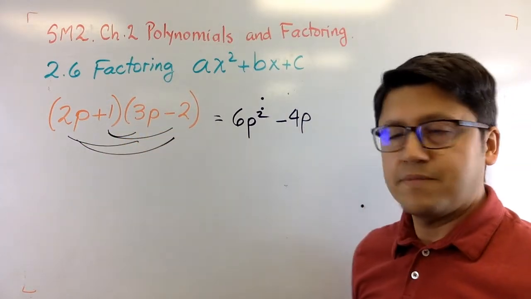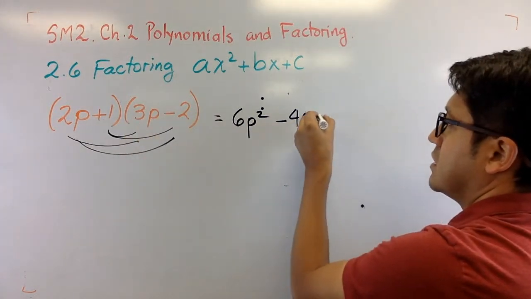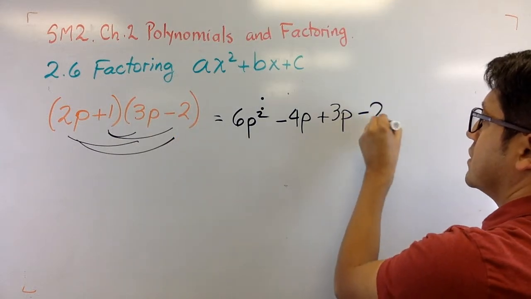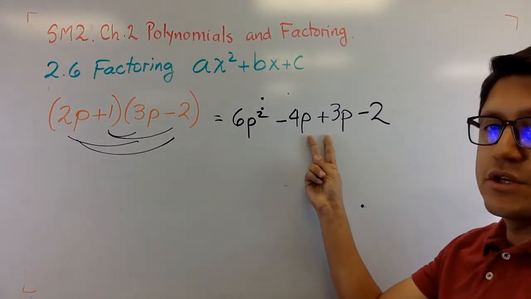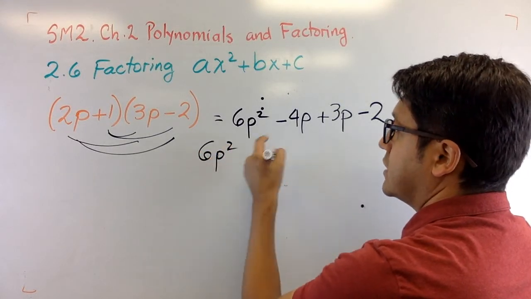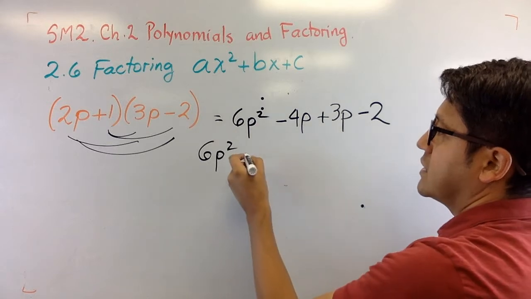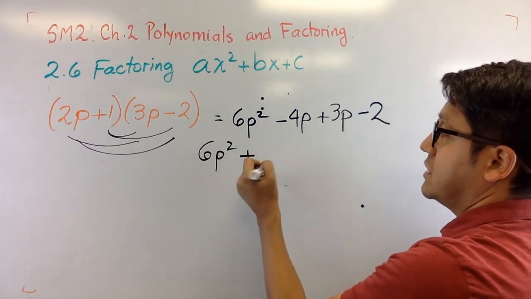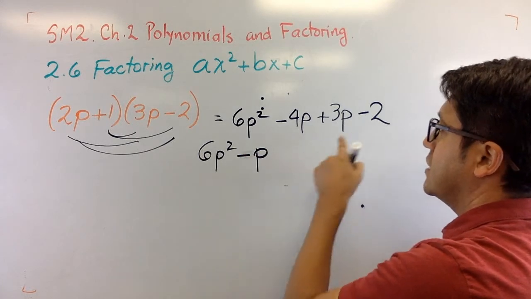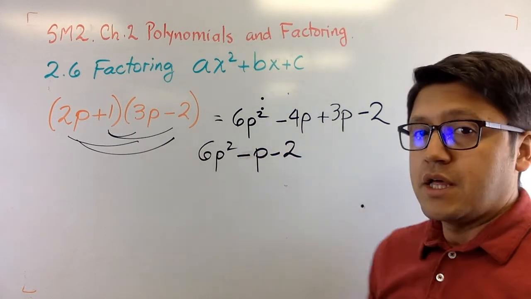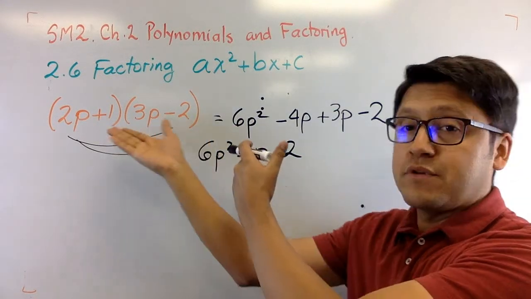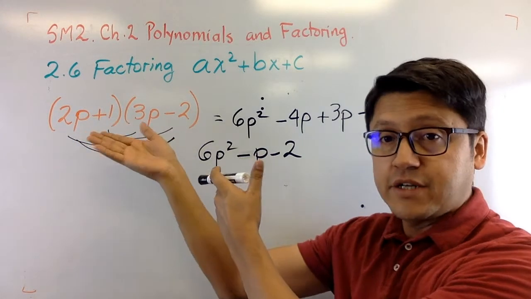This is going to be 3p, and this is going to be negative 2. As you can see again, linear terms have to be combined, so we will have 6p squared, negative 4 plus 1, plus 3, is going to be a negative p, minus 2. So this is the resulting trinomial we obtain after we multiply these two factors.